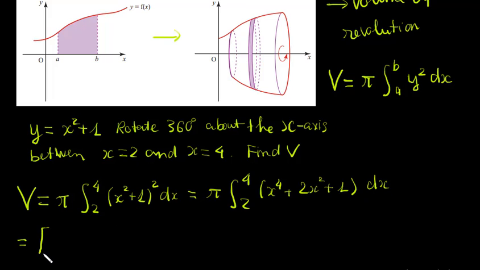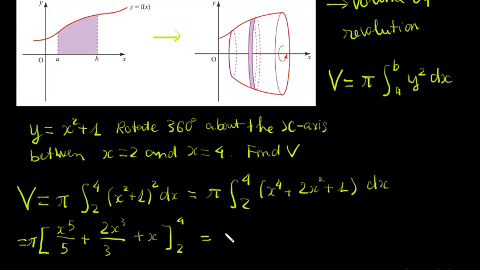And now we will have this one. We integrate the one inside here like what we used to do. x to the power 5 over 5 plus 2x cubed over 3 plus x. And here's 4, and here's 2, and we need to add pi in here. Don't forget to add pi, equal to.